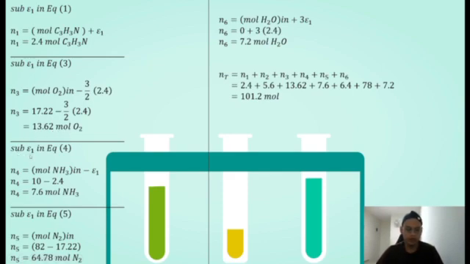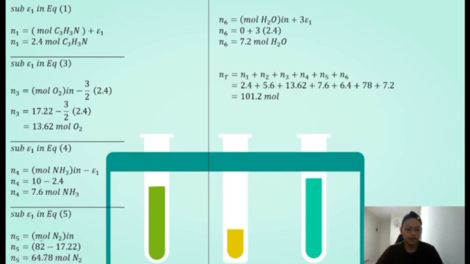Next, substitute extent 1 in equation 4. N4 is equal to mol NH3 in minus extent 1. N4 is 10 minus 2.4. So the answer for N4 is 7.6 mol NH3. Substitute extent 1 in equation 5.